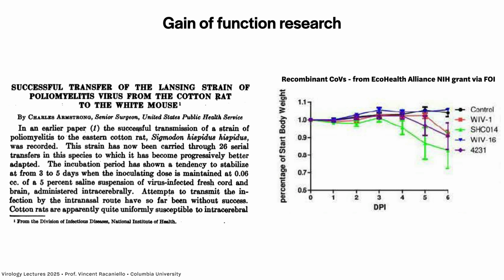So here we're looking at weight loss as a measure of pathogenicity. And you can see this green virus, the virus caused greater weight loss in animals. So that's a gain of function. It's more pathogenic, but some had no changes whatsoever.